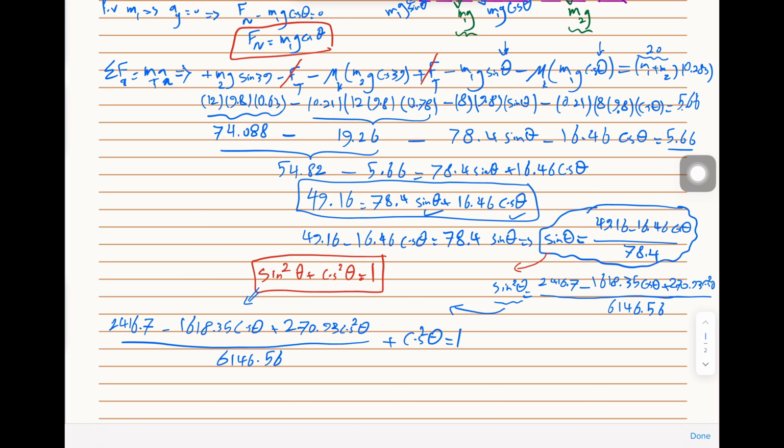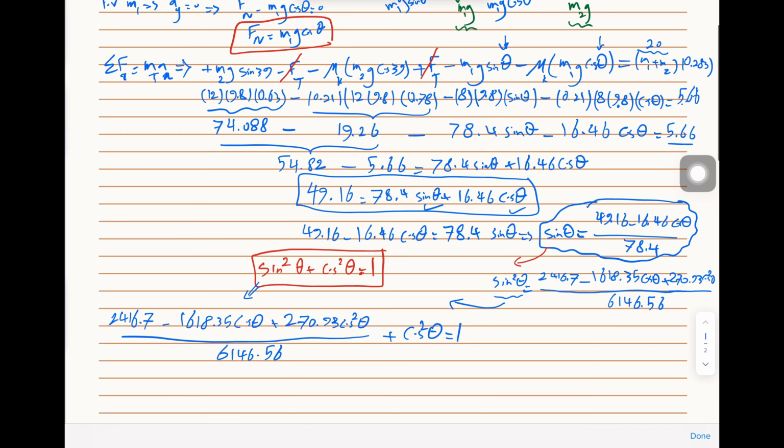Now I can solve this. This is a quadratic equation, right? So the easiest way is to multiply each term by 6146.56.